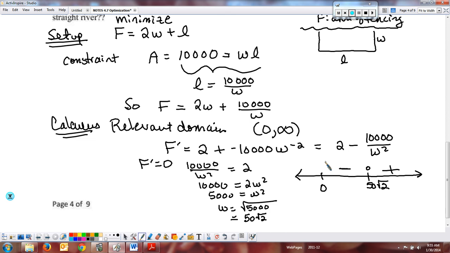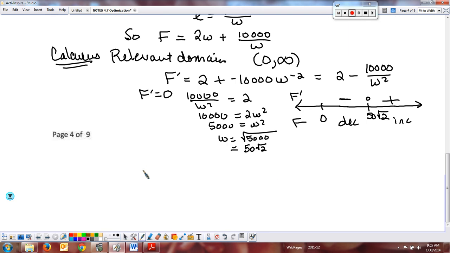And so we can use the modified first derivative because on the relevant domain, f prime is negative and then positive, so f is decreasing and then increasing. We do have enough to use the modified first derivative.